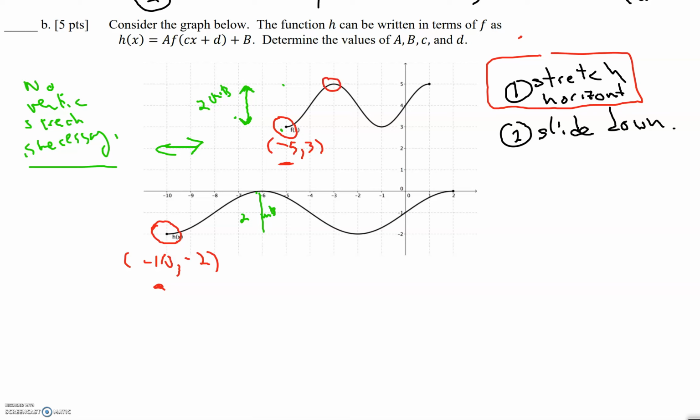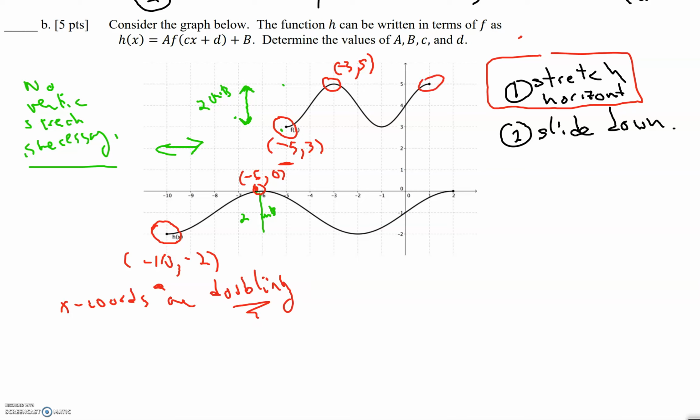So what about this crest? That's -3, 5. And where does it go? The crest is here. Now it's at -6, 0. So that's 2 of these points that have their x values doubling. Let's check one more.